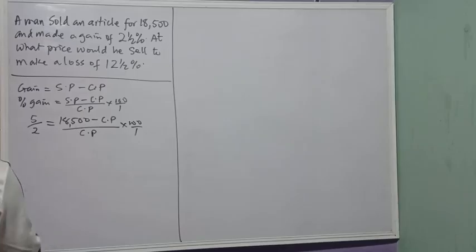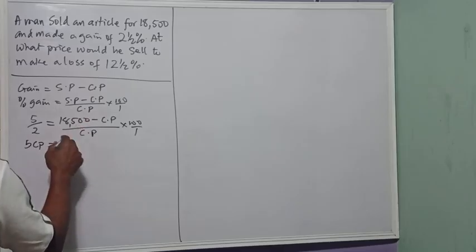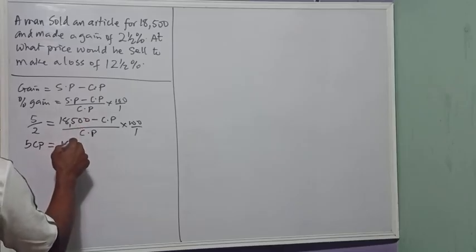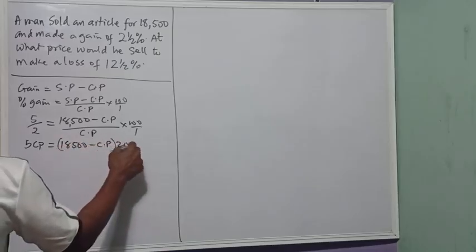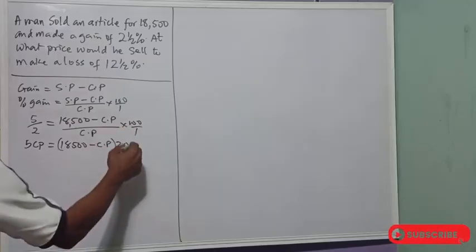Okay, let's expand. This becomes 5CP equals 18,500 minus CP times 200. 2 going over will be 200.